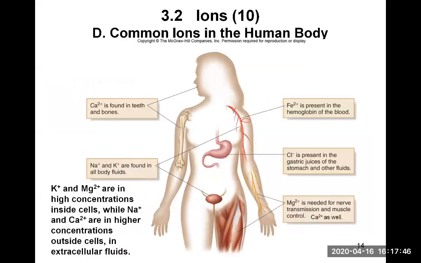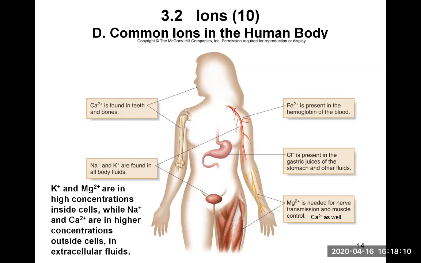So if we focus on the human body here, the common ions in the human body are, from the minerals we saw previously, major nutrients and minor or trace elements.